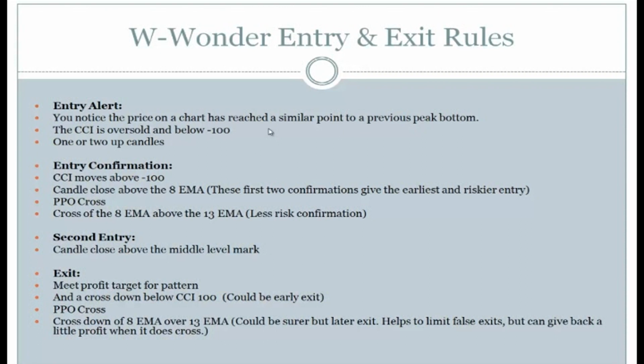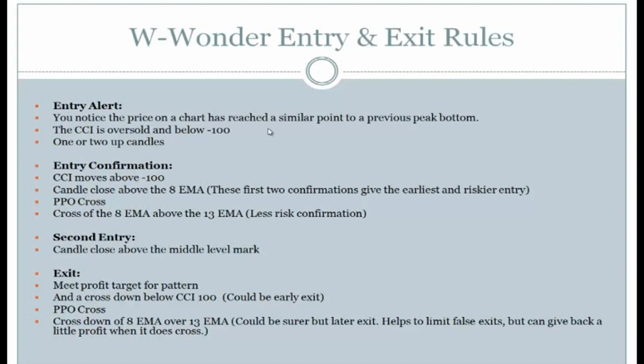Then the least risky would be an 8 EMA cross up and over the 13, and waiting for this later confirmation is going to give up a certain percent of the move because it will be well underway at that point. A second entry is when you have a candle close above the middle point of the W.